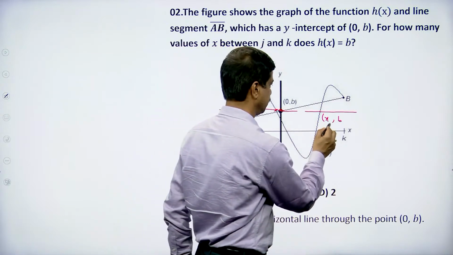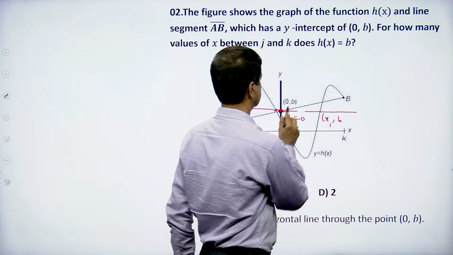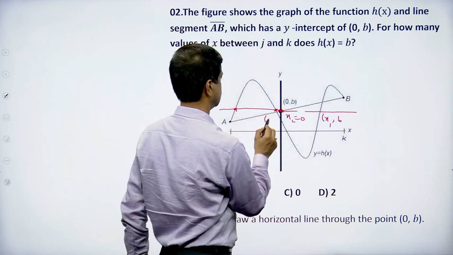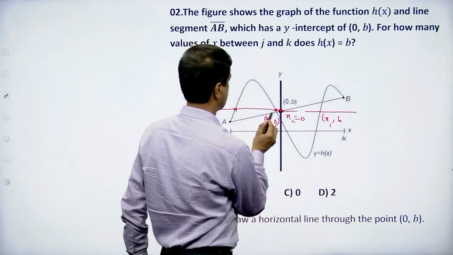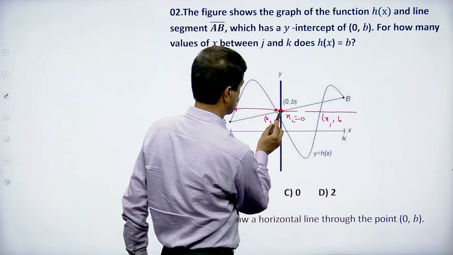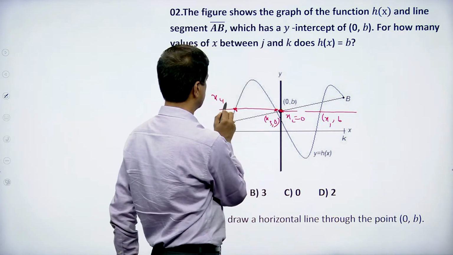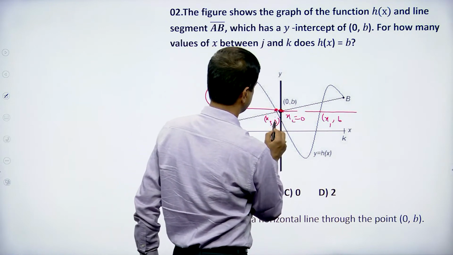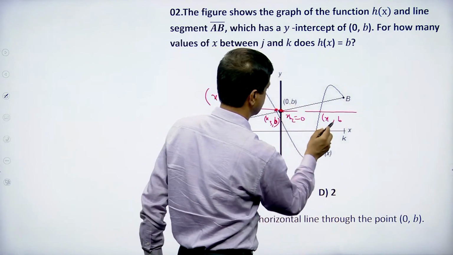Here it is x1, here it is x2 which is 0 comma b, and third one is x3 comma b, and of course we will not take x2 as a value because this is not a point on the curve, right children? So this is one more point x4 comma b. So x2 is 0 comma b, we are not bothered, x1 comma b.